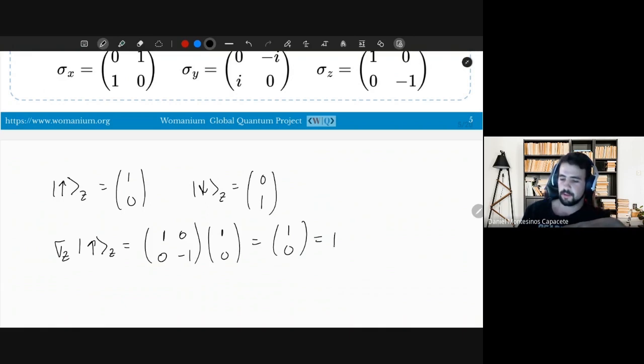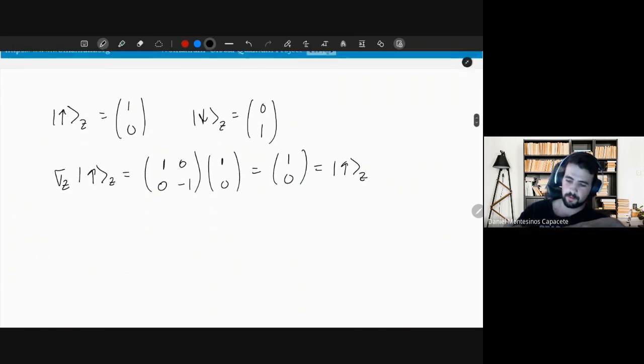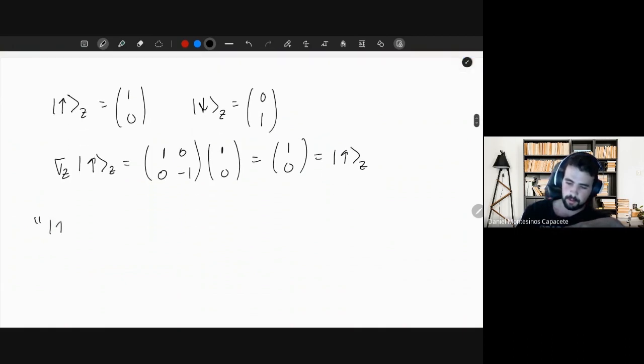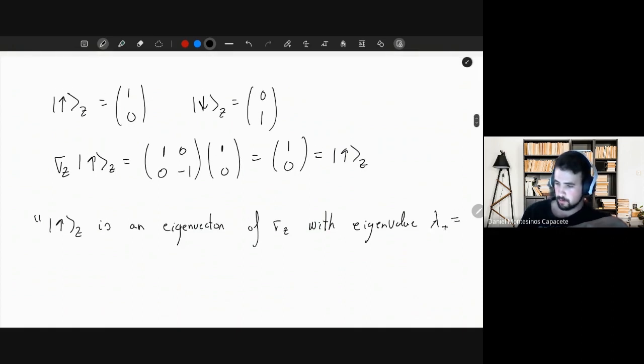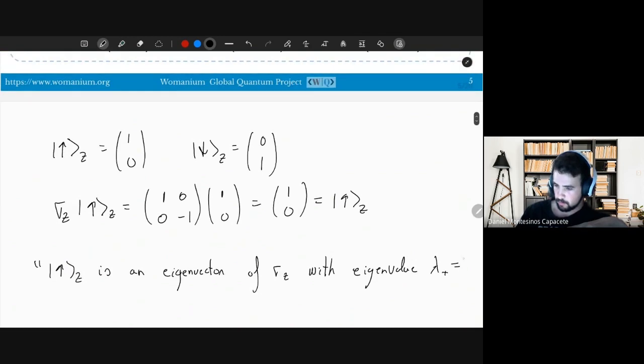So this is just the same vector, right? So let's say this vector is an eigenvector of sigma theta with eigenvalue lambda equal to 1.